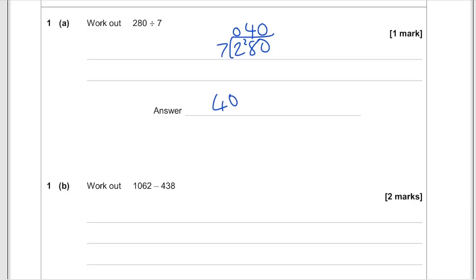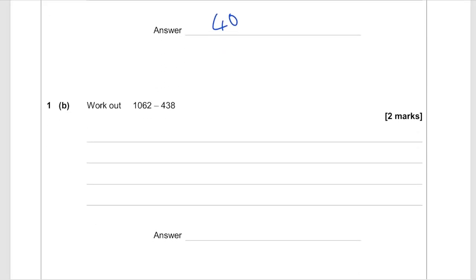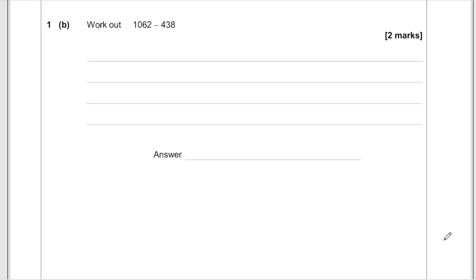So, next question. This time, my question is worth 2 marks. So I'm literally going to show my workings fully on this one as well, because there will be a mark for workings. So, 8 away from 2, I can't do that, so I'm going to have to borrow from the one next door. So take 1 out of the tens column and put 10 ones in front of the units.